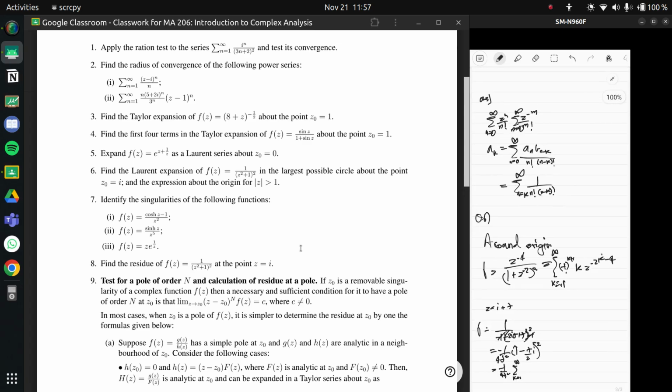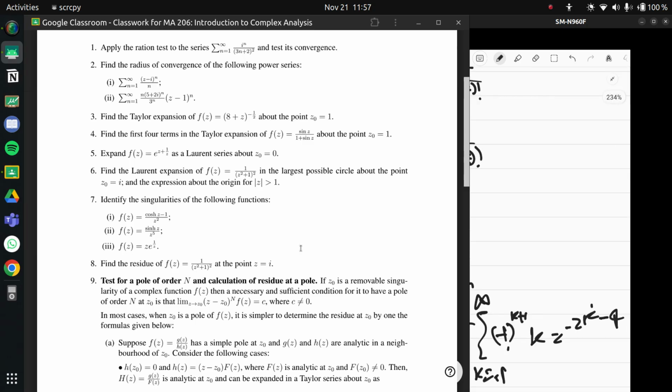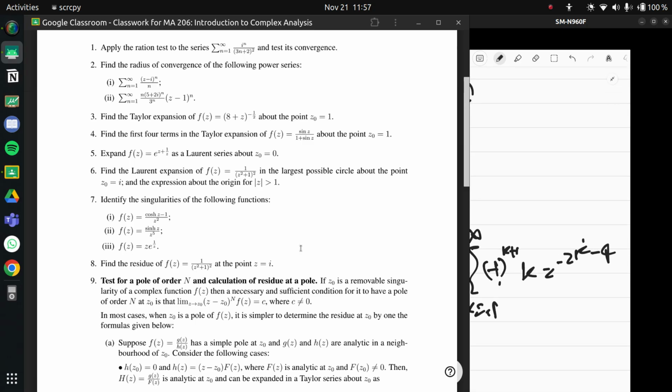I'm getting a feeling that something is messed up in the last one. Yes. I see. So when this was like 2, it was negative.